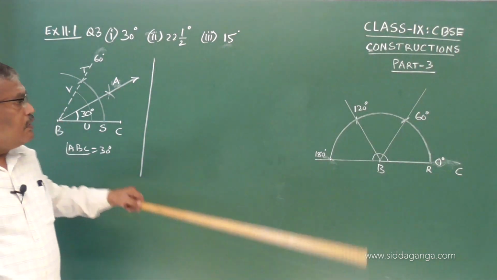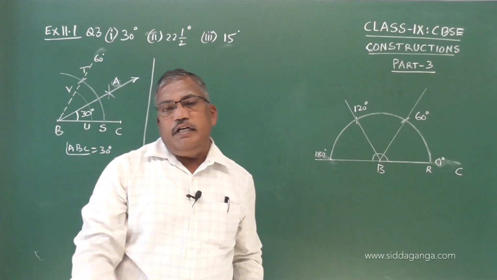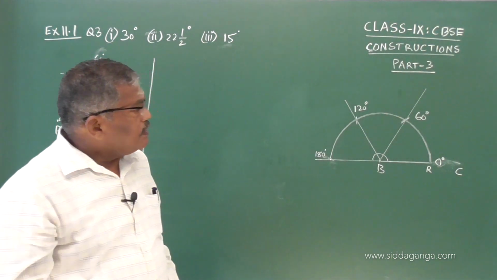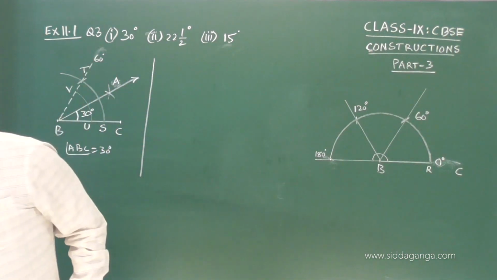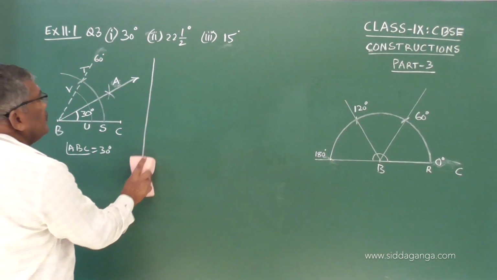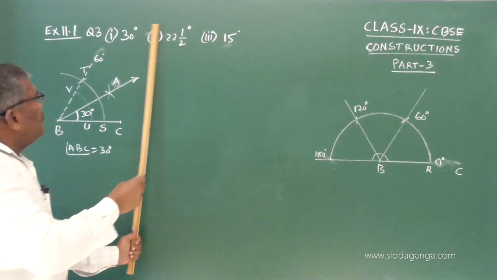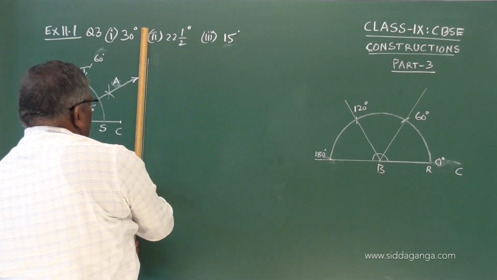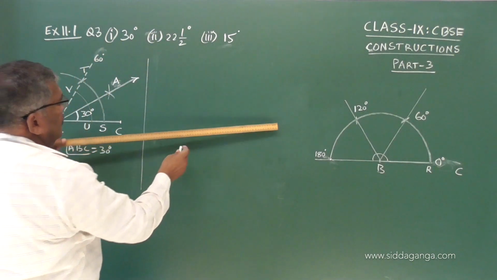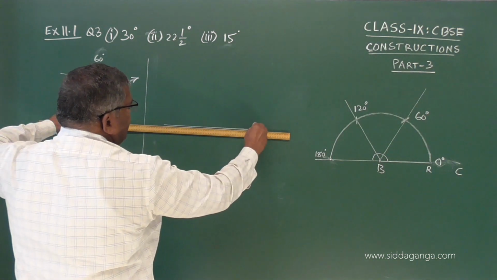Now 22.5 degree. 22.5 degree, as you know, is half of 45 degree. What we have to do is, first we have to construct a 45 degree angle, so you construct a 45 degree angle first. So first I will draw a line BC.